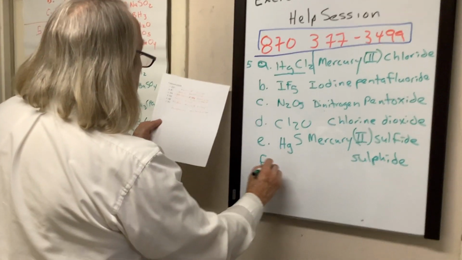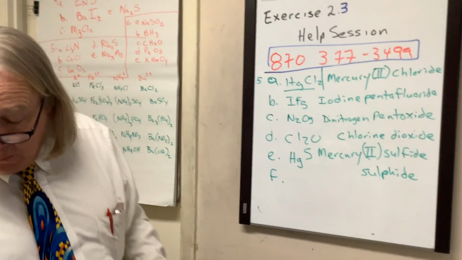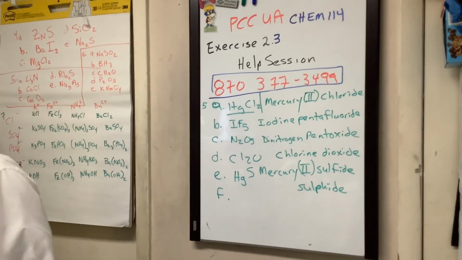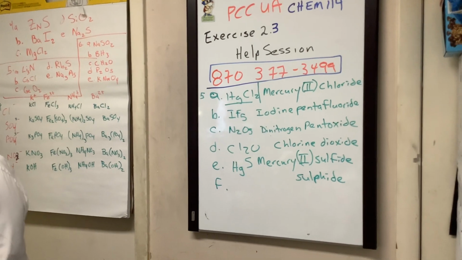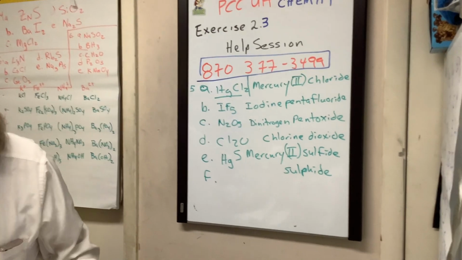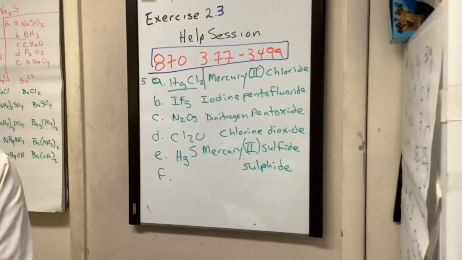And our last one that I know of, I'm sorry, I may have set a paper down, but I think I've gathered and worked through all of our problems, is PCl5.